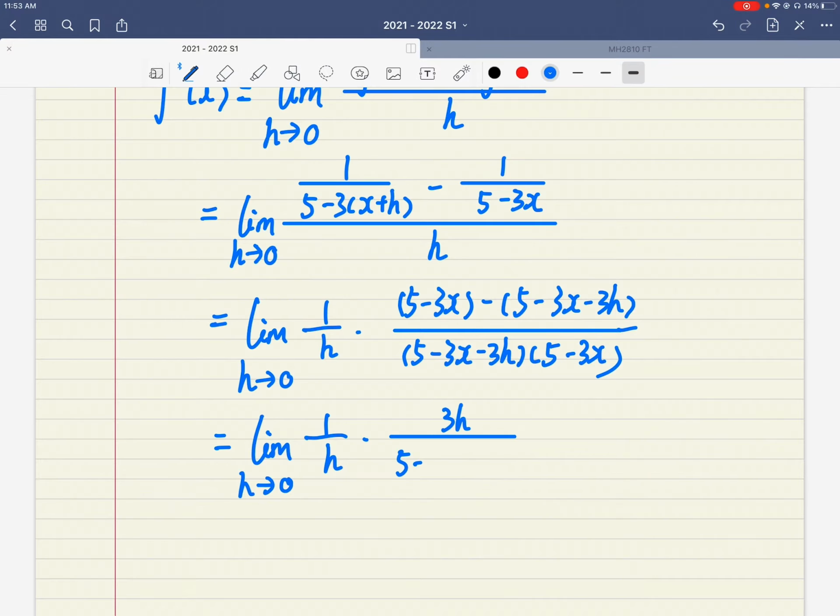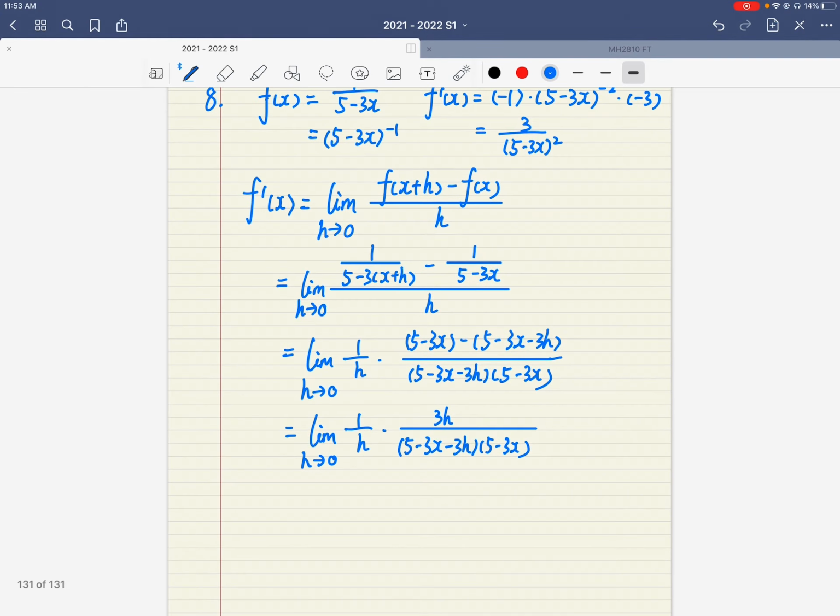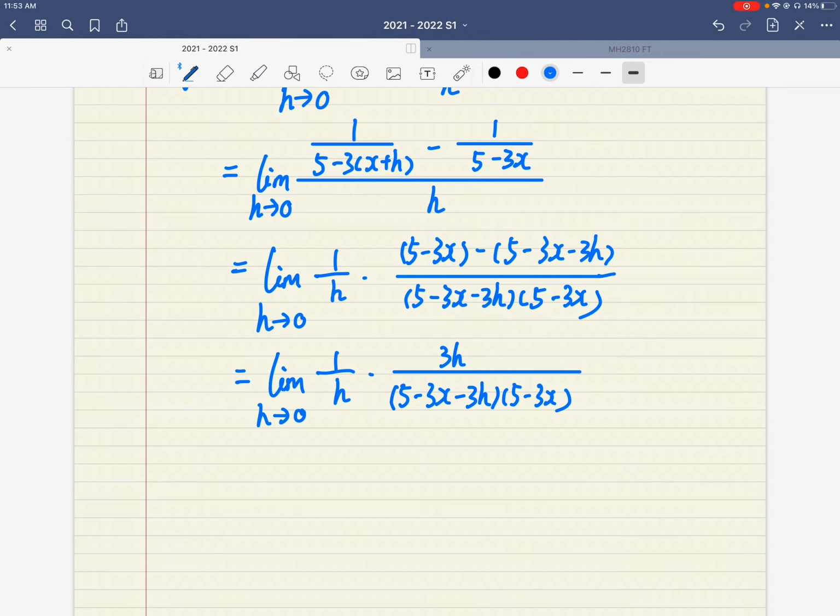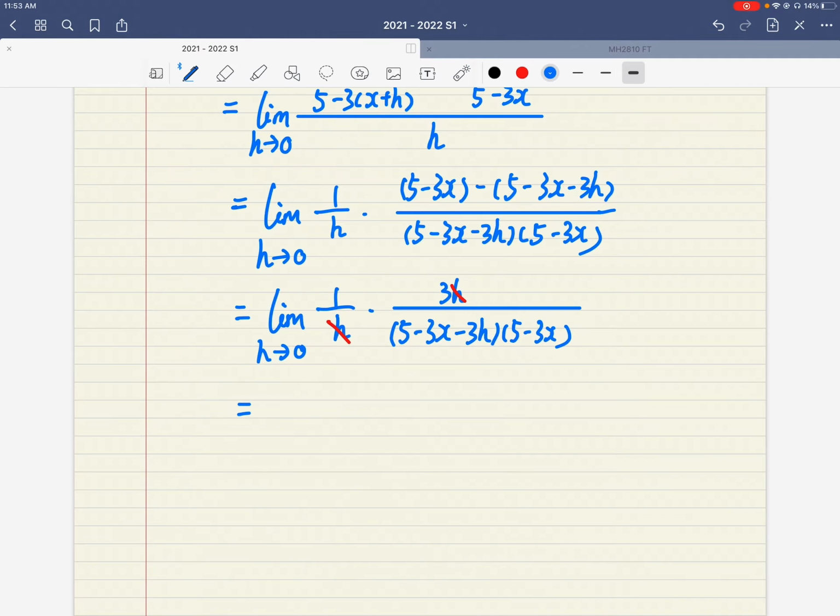Right? The bottom is still the same. Now you can see the top and bottom both have h, so these can be canceled out. And after they are canceled out, it is just 3 over (5 minus 3x minus 3h) times (5 minus 3x).